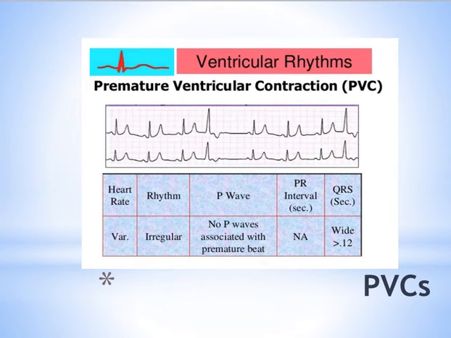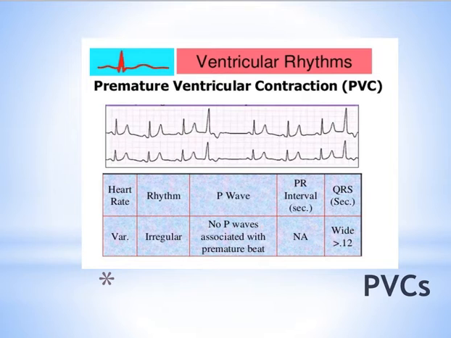Okay, so from there, we're going to switch from the atria down to the ventricles. So basically, the first thing I want to talk about is a premature ventricular contraction. And the underlying heart rate is based on what their rhythm is. What happens is the ventricle gets a little bit of an irritated site and it jumps in prematurely before it's supposed to conduct.